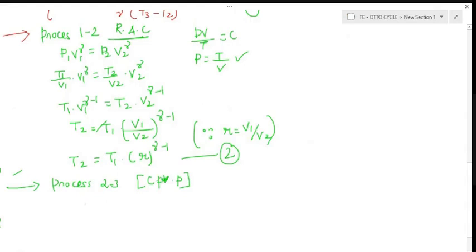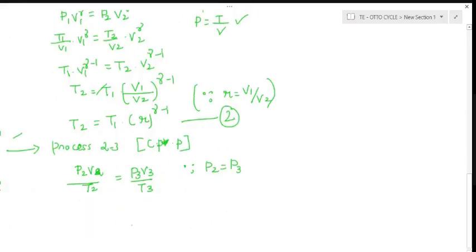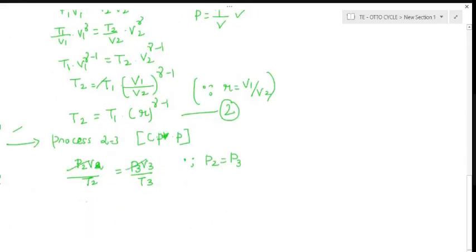The general formula for constant pressure is PV by T equal to C. Considering the process between 2 and 3, P2 V2 divided by T2 equals P3 V3 divided by T3. Since the pressure is constant, P2 equals P3, so they get cancelled. The remaining term is V2 divided by T2 equal to V3 divided by T3.